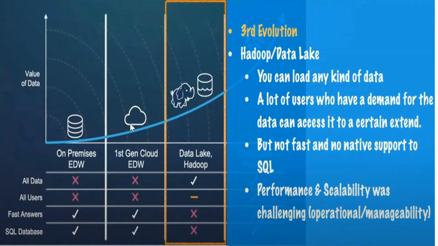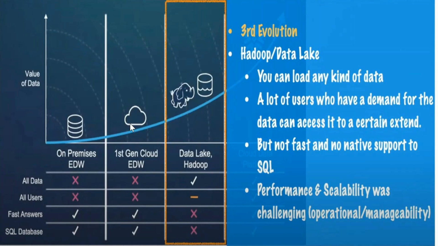With big data or Hadoop, you are not only able to store structured data, but you also have the option of storing unstructured and semi-structured data, and you can store gigabytes, terabytes, and petabytes of data.